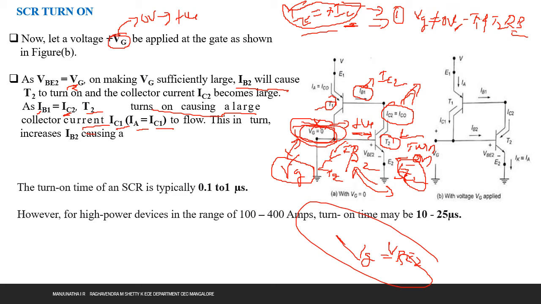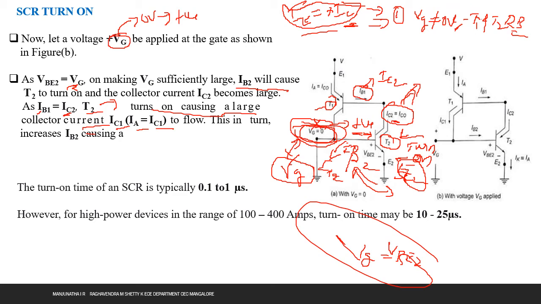When IB1 is large because IC2 is large, because of the short circuit, we know that emitter current is almost equivalent to collector current, by neglecting IB. From here, observe the sentence: T2 turn on causes a large current IC1.